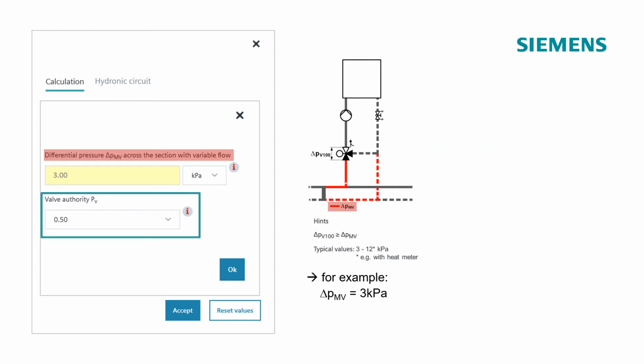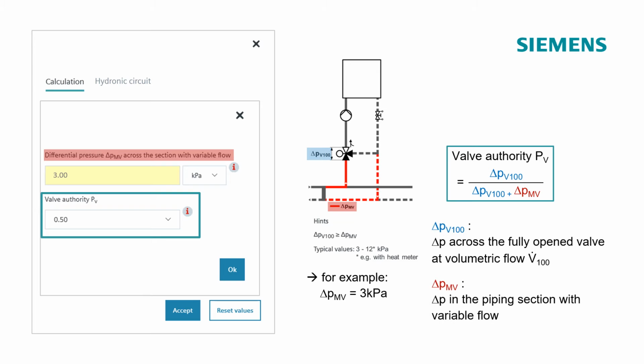The calculation works by default with a valve authority PV of 0.5. The valve authority PV is the ratio of delta PV100 to delta PV100 plus delta PMV, with delta PV100 being the pressure drop across the fully opened valve at volumetric flow and delta PMV being the pressure drop in the piping section with variable flow.